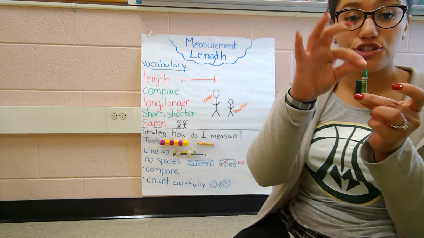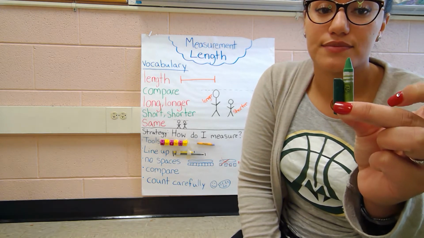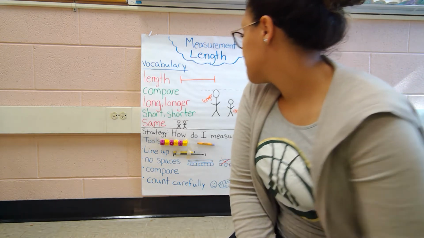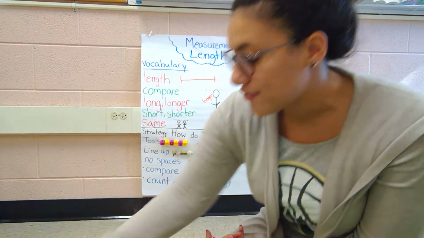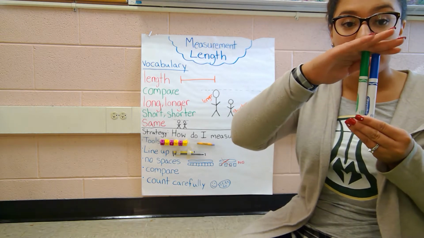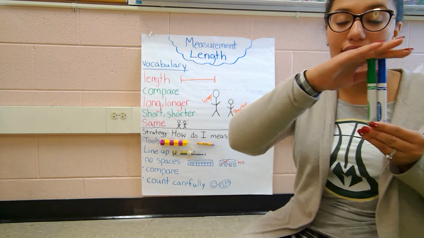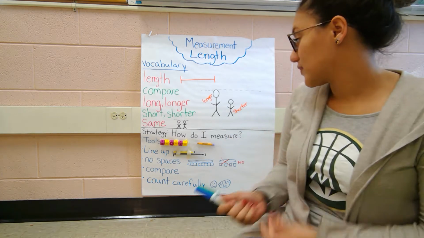This one is short, this one is shorter. Things can also be the same. They don't always have to be different. So I could look at two markers and see that they are the same length, same.